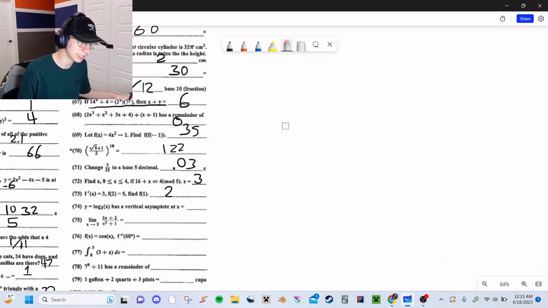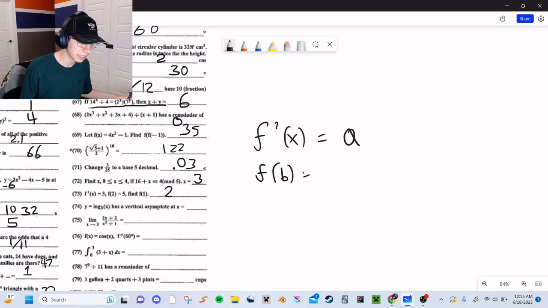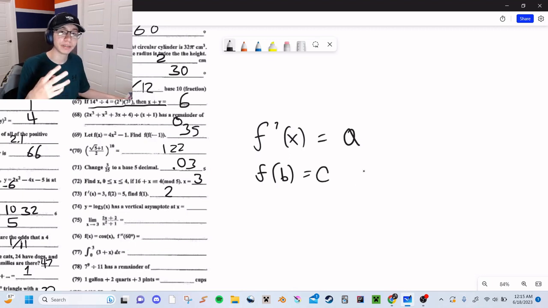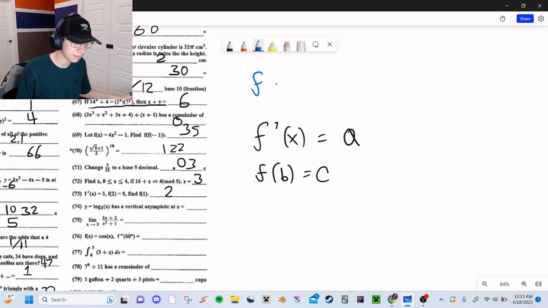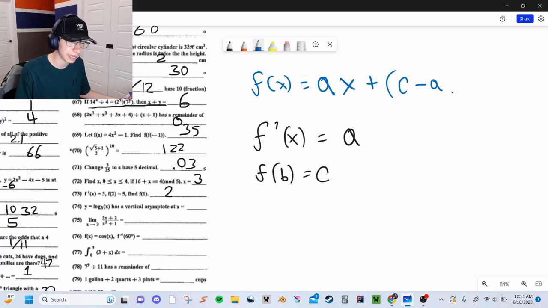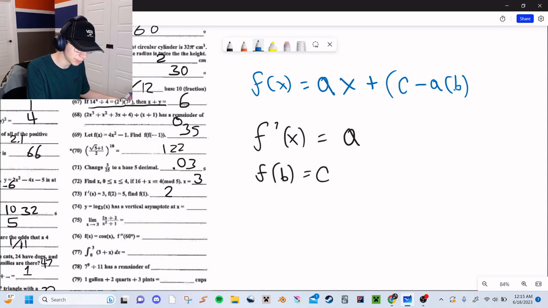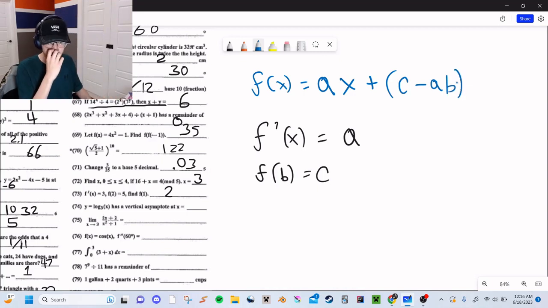The basic trick, what it comes down to, apart from all these definitions of derivatives and antiderivatives: if you ever see f prime of x is equal to some number a and f of some number b equals some number c, to build the original function f of x, it's going to be a times x plus the constant term, which would be c minus a times b. c minus a times b. And so, let's try this out.